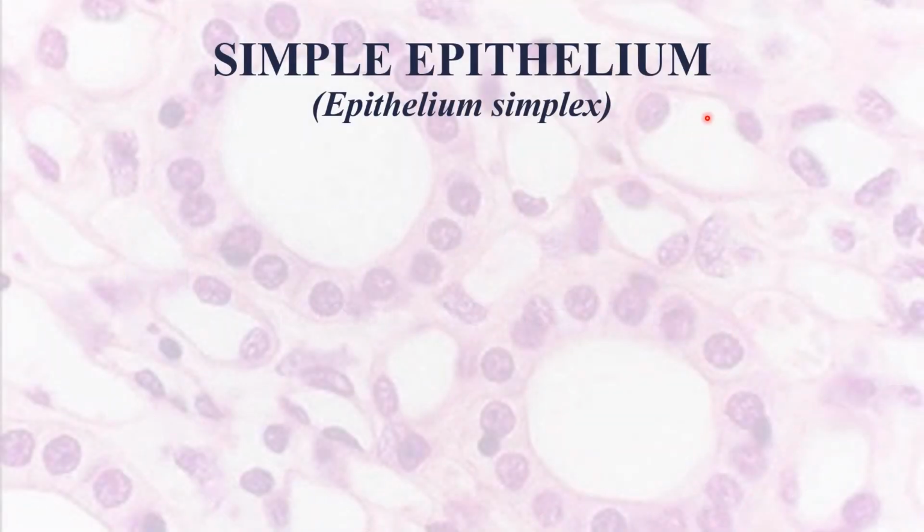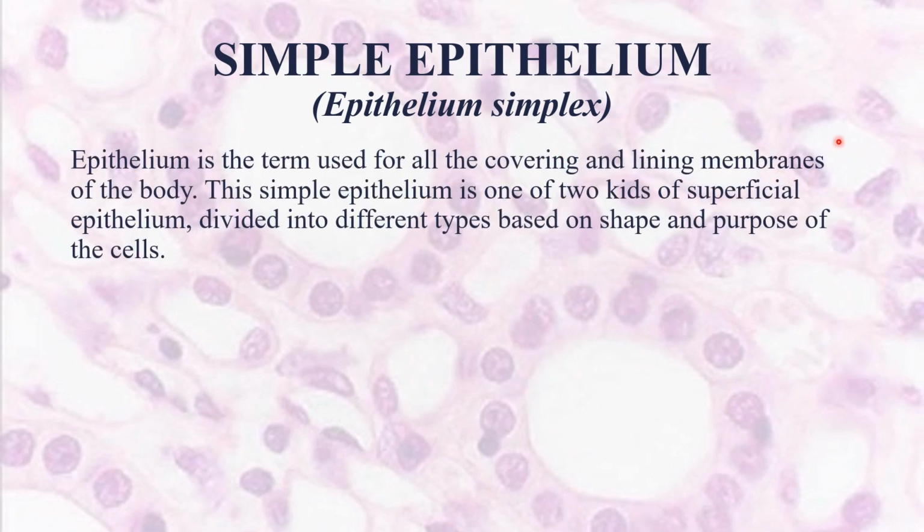First and foremost, we need to figure out what is that simple epithelium or epithelium simplex. So basically, epithelium is just a word that is used for talking about cells that cover or line membranes of the body. So it can be organs, ducts, veins, basically anything like the respiratory tract or intestines.